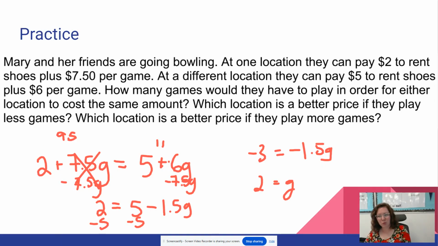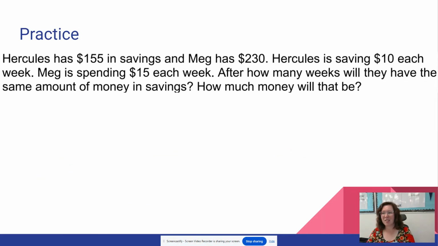And then for 3 games, let's figure out for 3 games. 2 plus 7.5 times 3, this is $24.50. For 3 games, 5 plus 6 times 3, this is $23. So even though the first one's cheaper in the beginning, if you play a ton of games, then the other one's cheaper in the end. Depends on how many games you're going to play.